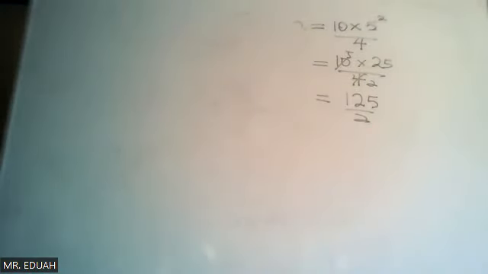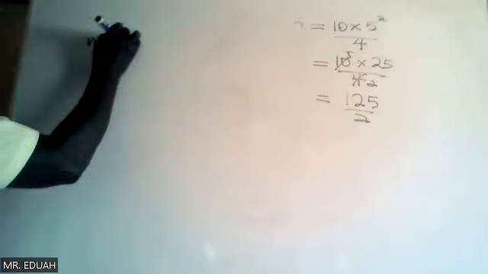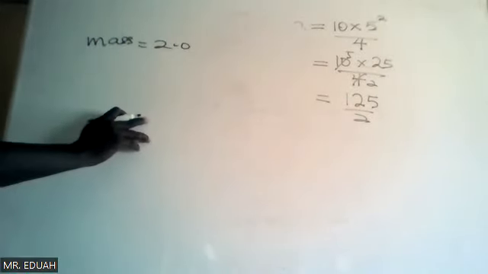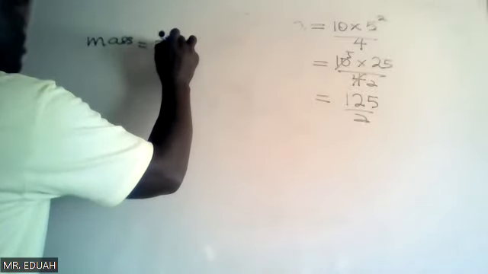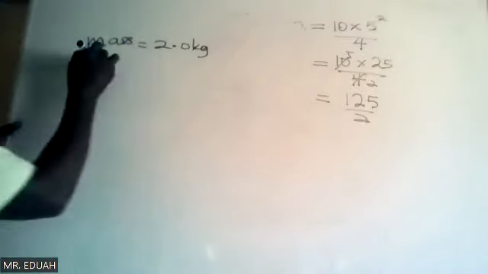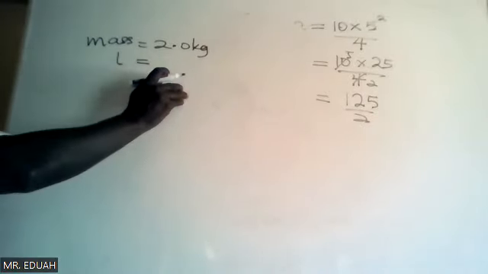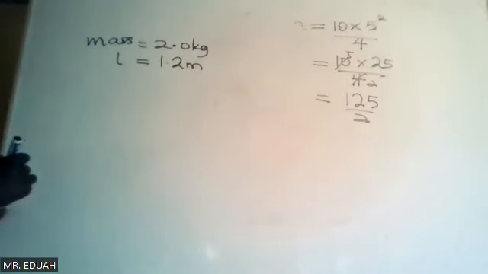Okay, let's quickly look at it. A pendulum bob of mass 2.0 kilogram is attached to one end of a string of length 1.2.